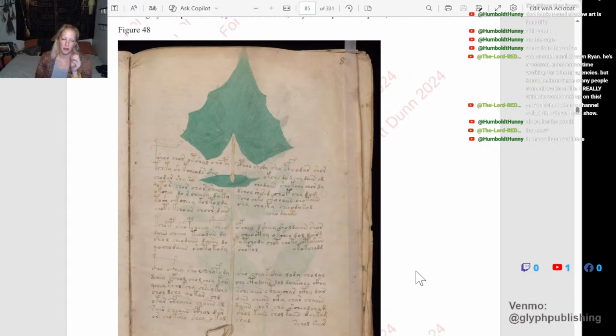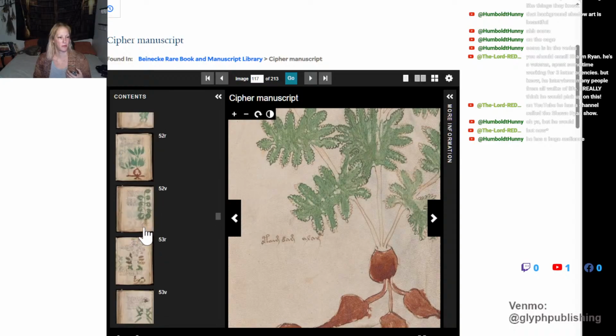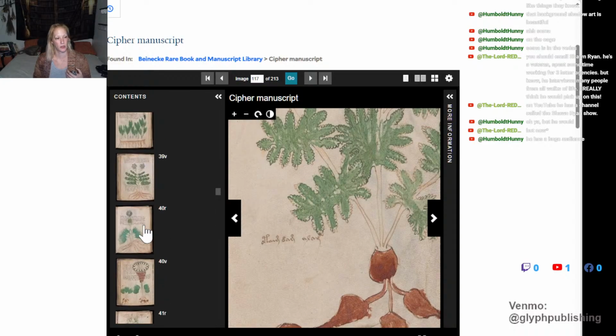This is, I believe, a conflation of two different species, Tinospora and Hedera. In fact, actually, let's see, which means wisdom.